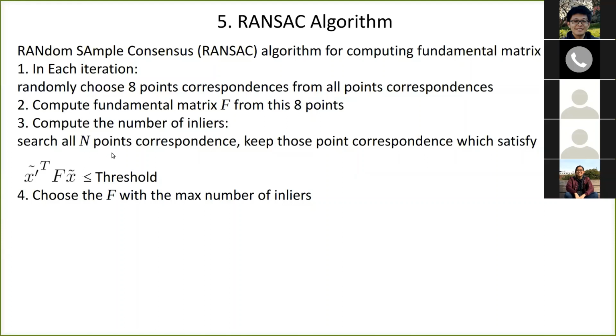We loosen it with the threshold. We just set the threshold to a very small number, and then count how many inliers there are for this fundamental matrix. Then we repeat this process several times and choose the best fundamental matrix and the best correspondences to compute the fundamental matrix.